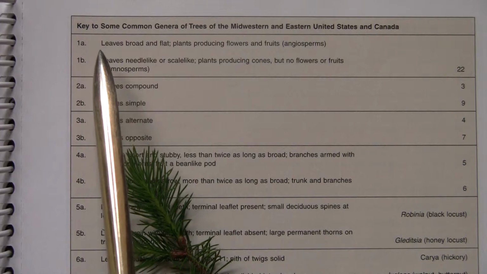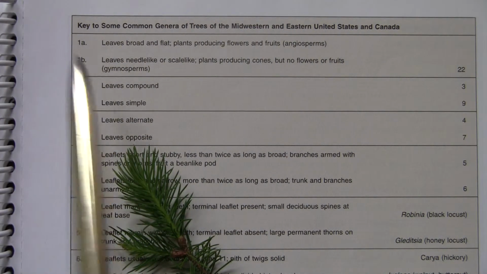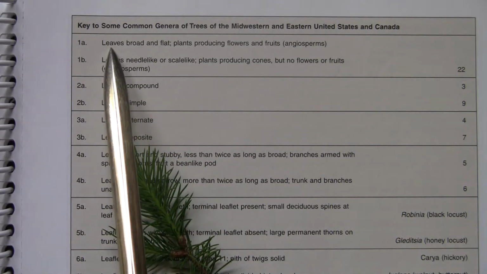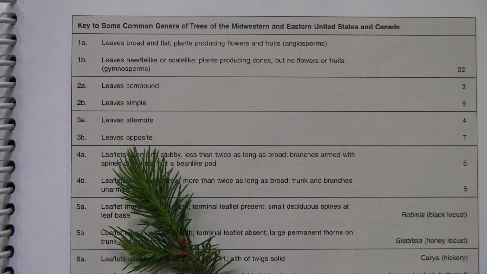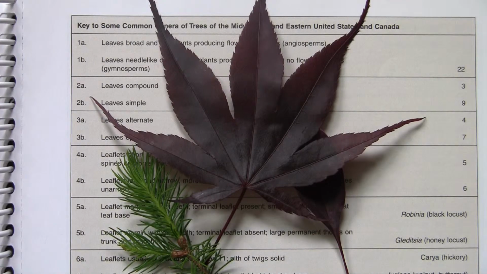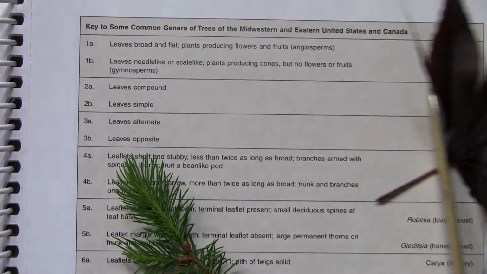Here we are. We have the first set of characters that you are able to see in the form of 1A and 1B. Where does it take us? It says leaves are broad and flat. You saw the leaves were flat and broad, alright, but we didn't want these, so we take them off.